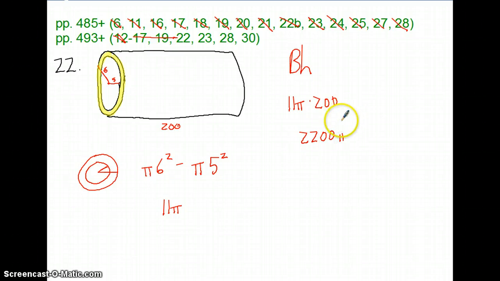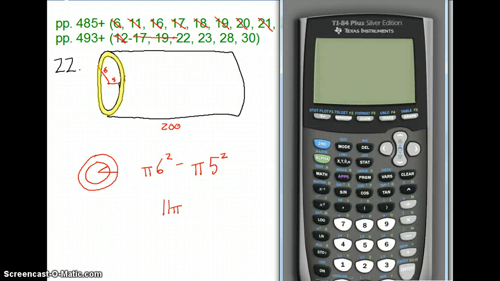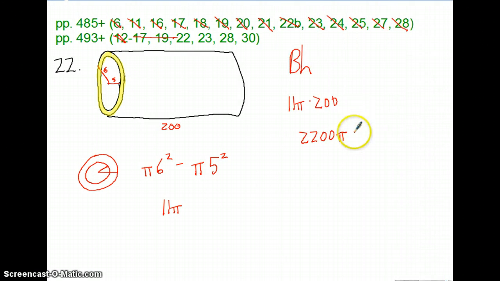And that's it. And then they say use this ratio for pi, or a decimal for pi, but if I just do this, it's a lot better, and I get 6911.5, which would be cubic.